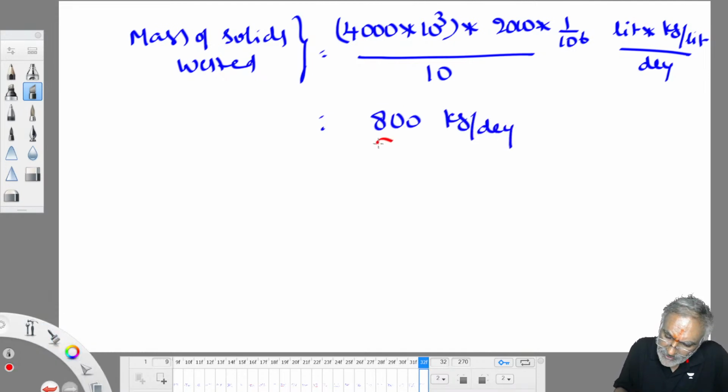That is the answer for that question. Liter get cancelled. Left with kilogram per day. Clear now? Hello, sirs. Good. Ankit Kumar. Very good.